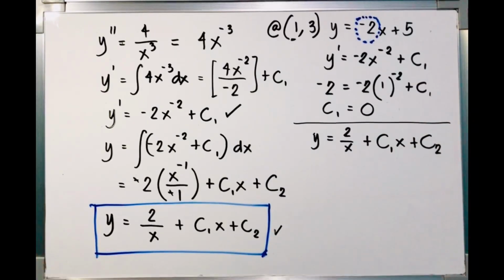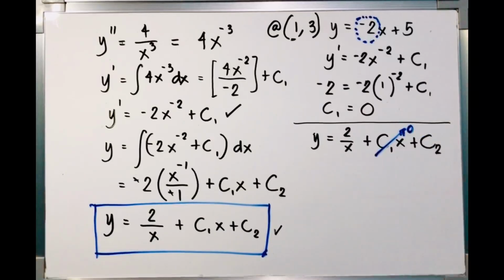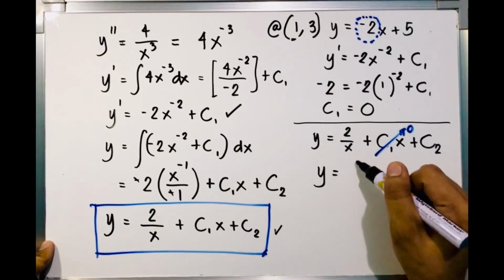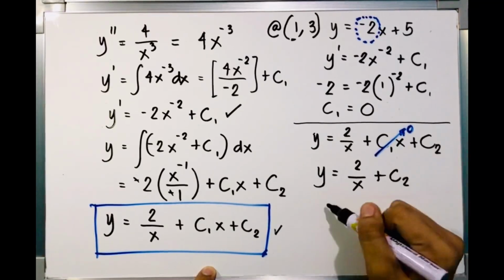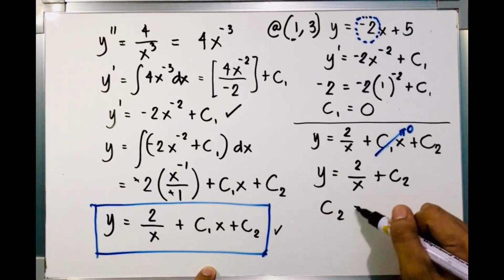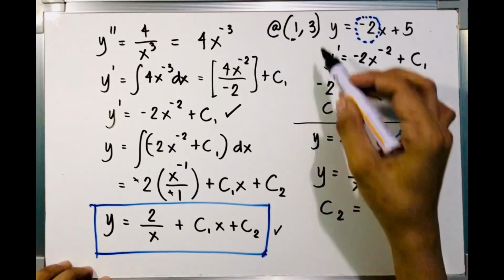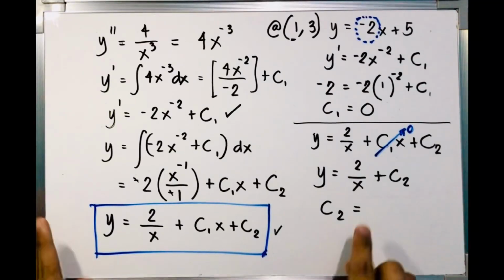And as we know, c1 is 0. Diba? So, my y is equal to 2 over x plus c2. And my c2 is equal to, ano nga ba yung c2 natin dito? Eh di, i-substitute lang natin yung value ng y, which is 3.